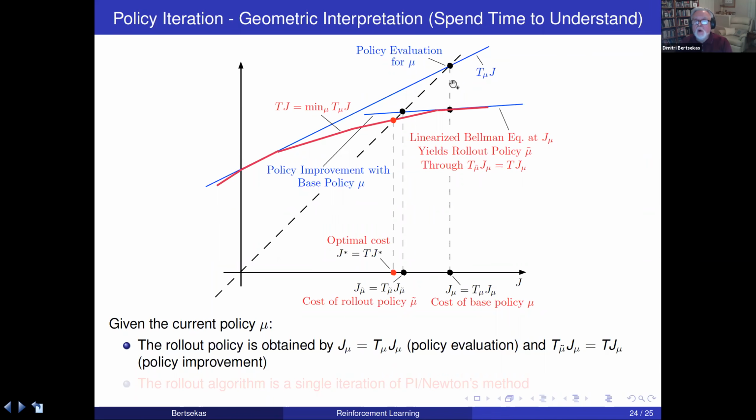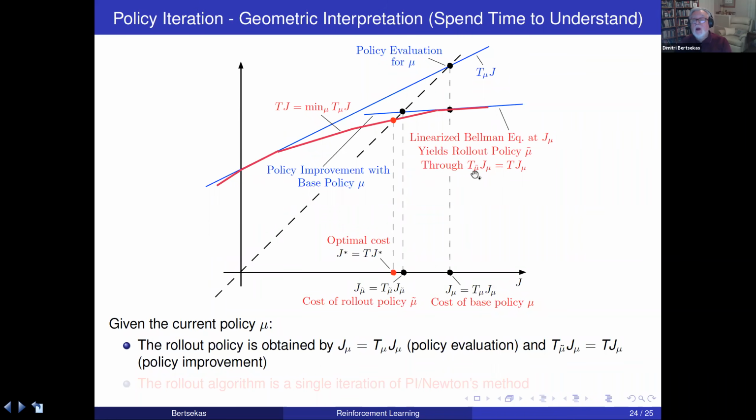And now we go down onto the red curve and pick out the policy whose slope is the one at this point. So now the new linearized Bellman equation at J mu yields the linear segment on which we're at. So this is the slope that corresponds to the rollout policy, mu tilde.